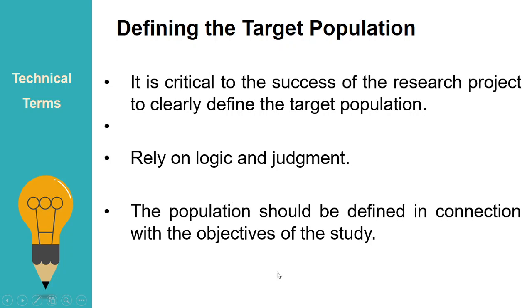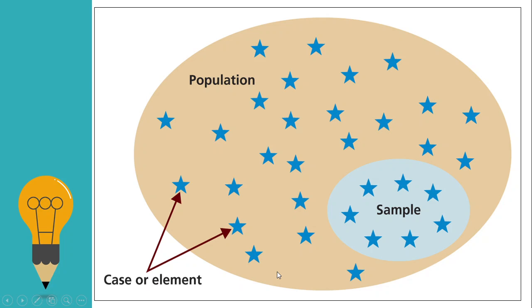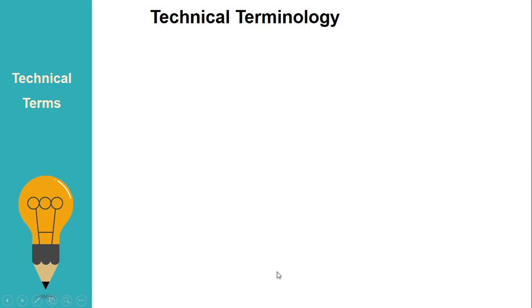So, based on our objectives, we must collect information from the target population. Again, this is an example of how to choose a target population from the whole population. From here, we collect the sample that is our target population.